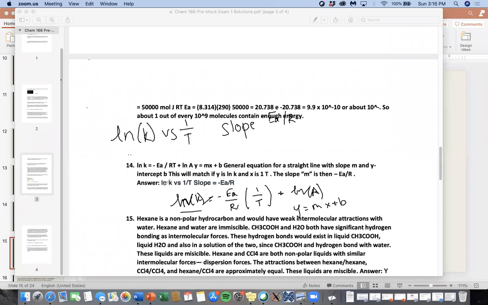When it's saying ln of k versus 1 over T, ln k is your y and 1 over T is your x. Your b in this equation is your natural log of A, which is your y-intercept. And negative EA over R is your m, which is your slope.